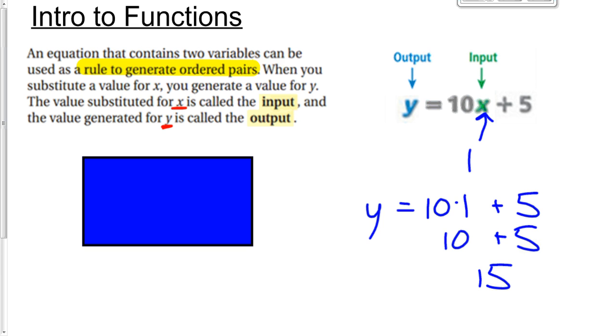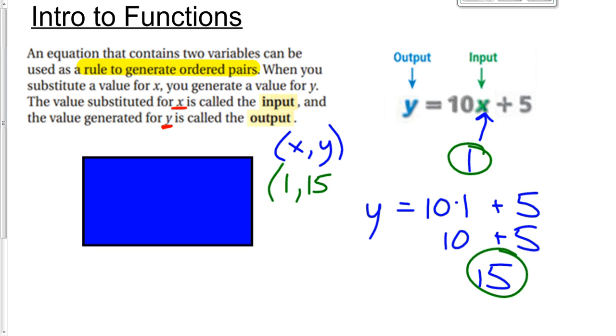So that can be set up as an ordered pair. Remember, ordered pairs are set up as xy coordinates. So my x that I put in was 1, and my y came out to be 15. So for this particular function, y equals 10x plus 5, when my input is 1, my output is 15.